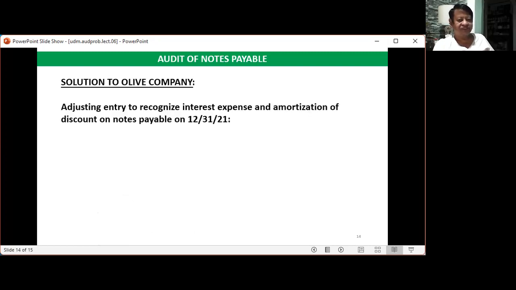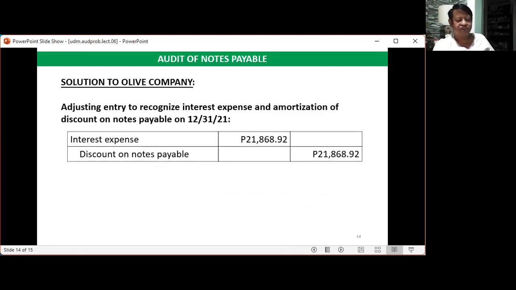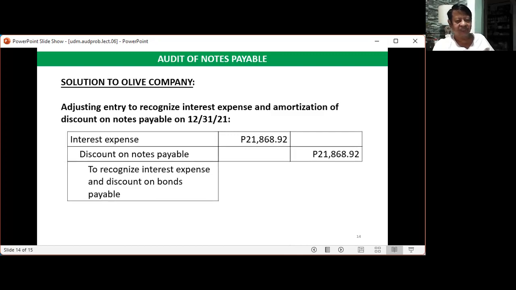So what is the adjusting entry? To recognize interest expense and also the amortization of discount on notes payable on December 31, 2021. We will debit interest expense, the one that we computed, 21,868.92. We will credit discount on notes payable of the same amount.